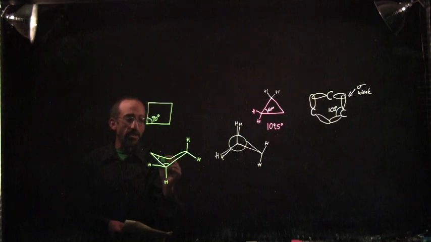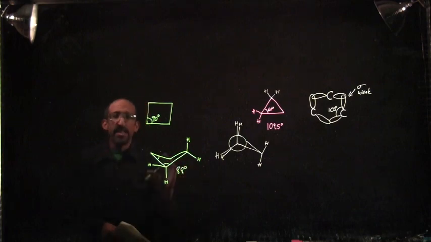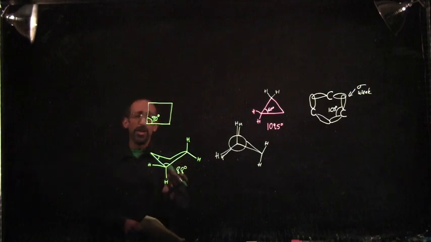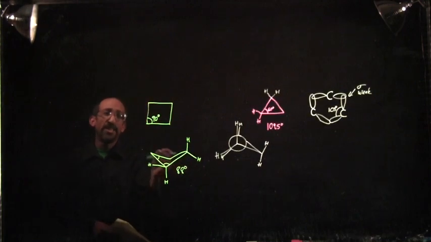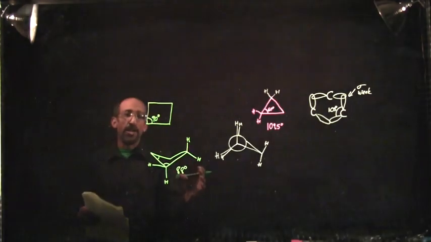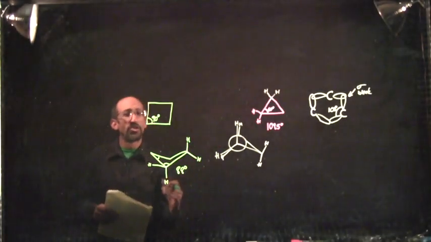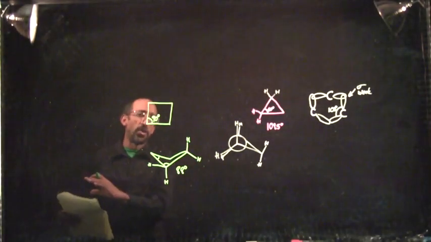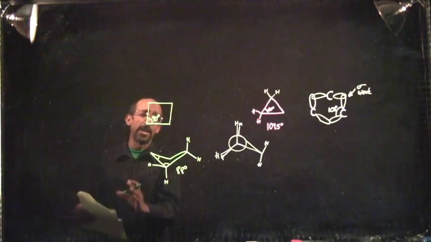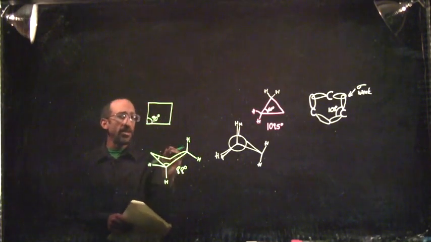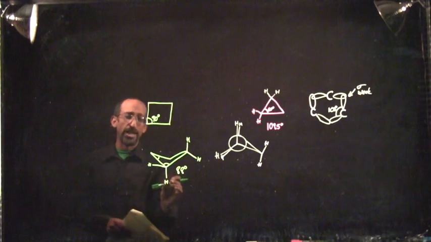So these bond angles now are approximately 88 degrees. The increase in angle strain we get is actually less than the amount of decrease in torsional strain. So we win on the torsional strain side by a significant amount of energy, and we pay a very small price on the angle strain side.